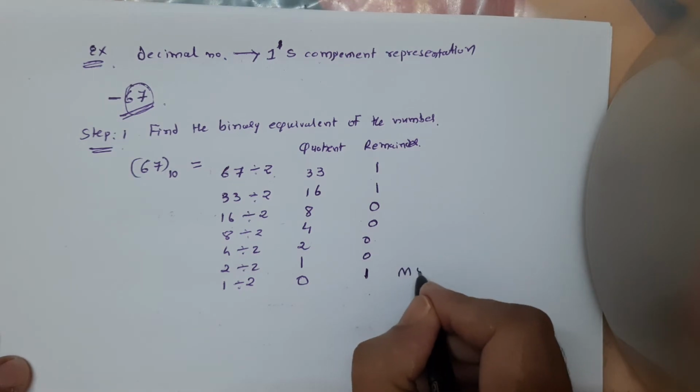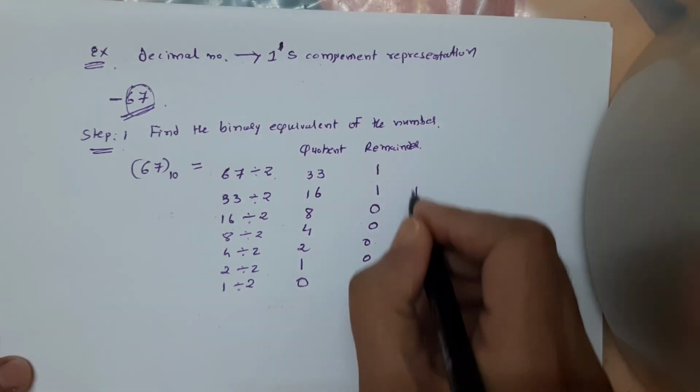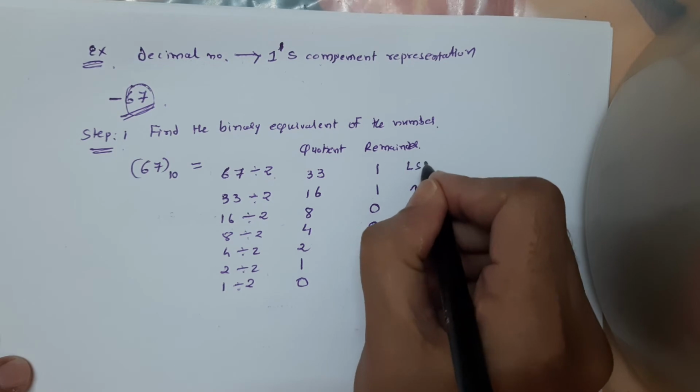This is your MSB, and moving from here to this is your LSB.